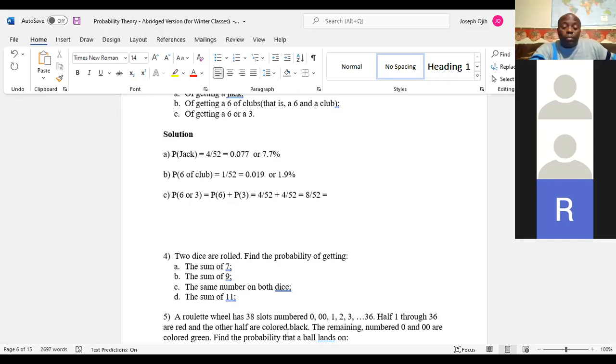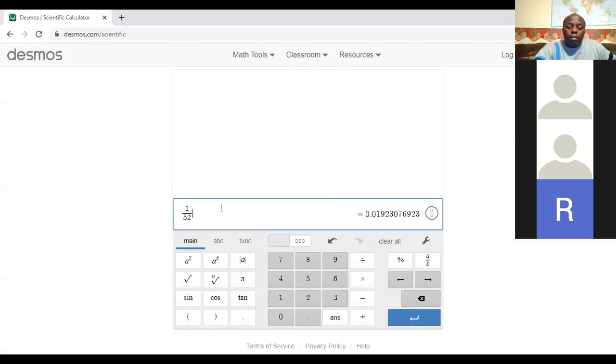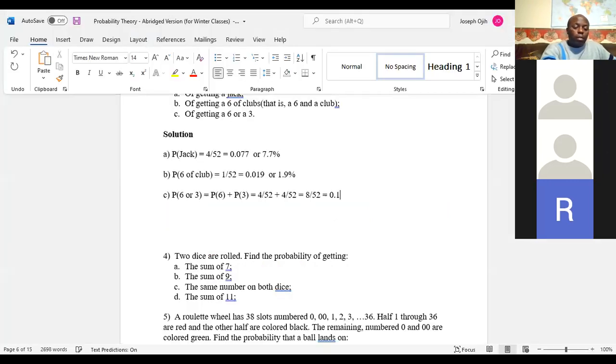8 out of 52 on the calculator gives 0.1538, so around 0.154.